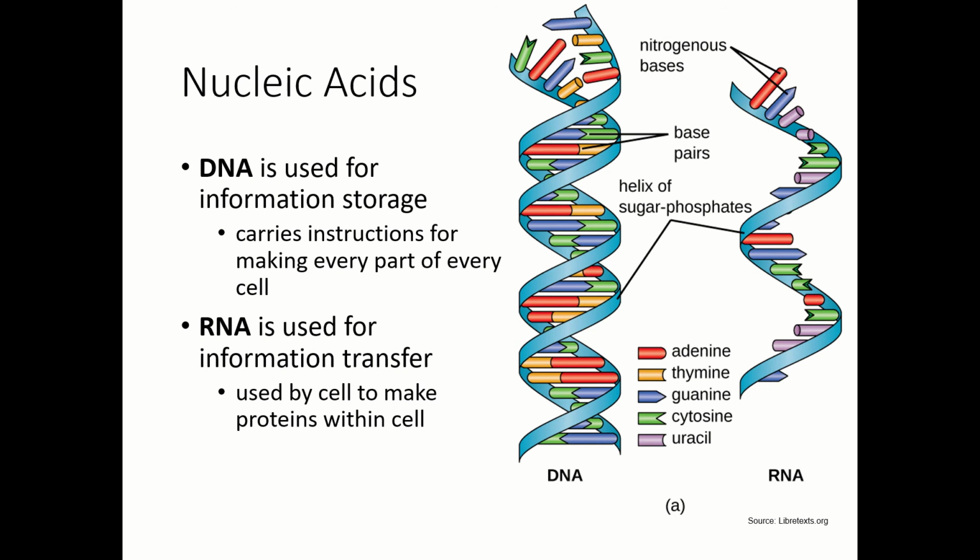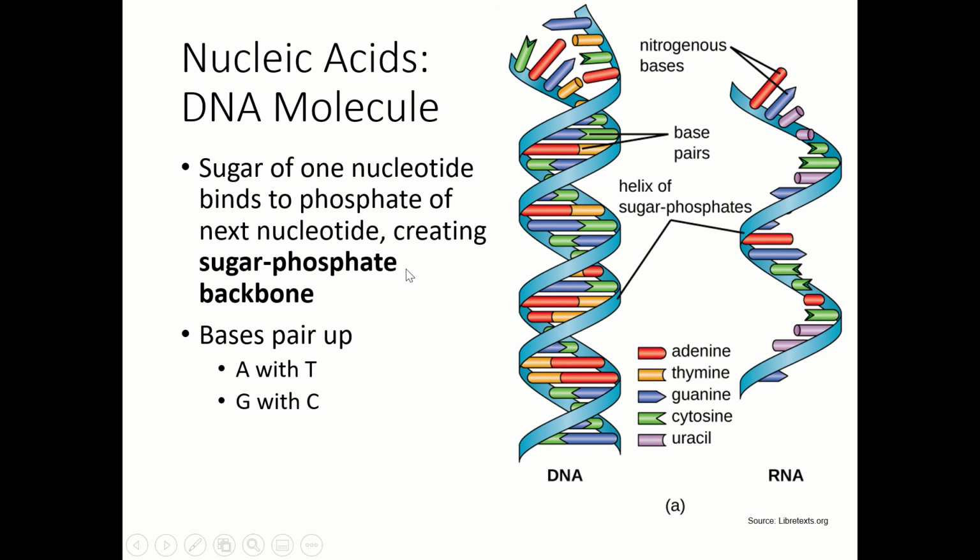Cells move, they break things down, they digest your food, they contract when your muscles move. All of these things are done by cells using proteins and other structures. Okay, and the instructions for how to make all that are stored in the nucleus in DNA and then copied into RNA to be carried out. Does that make sense? Okay.